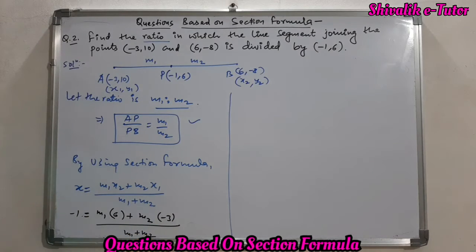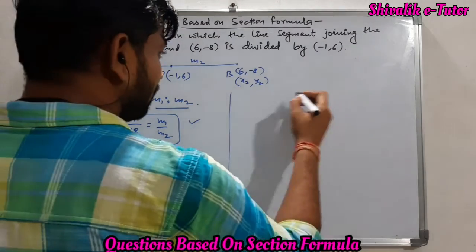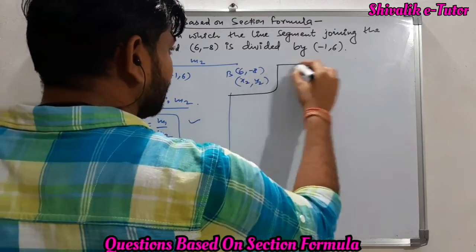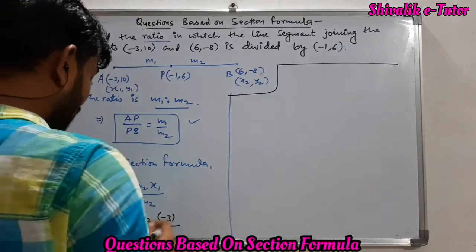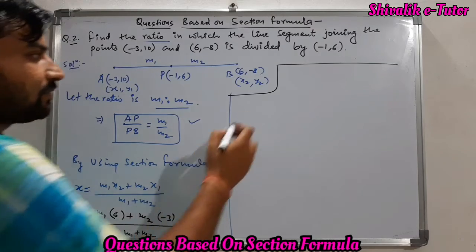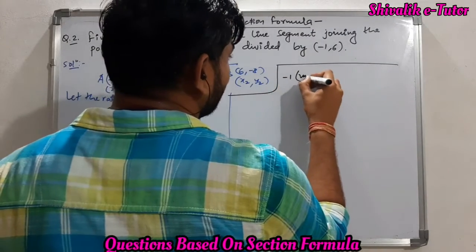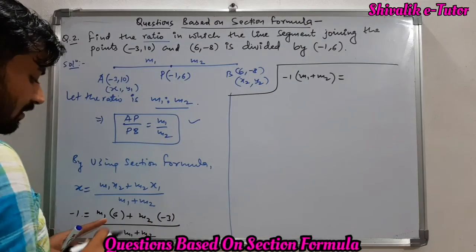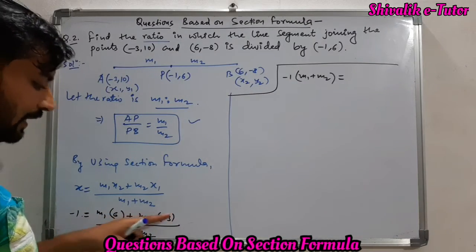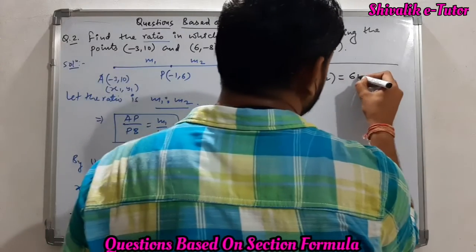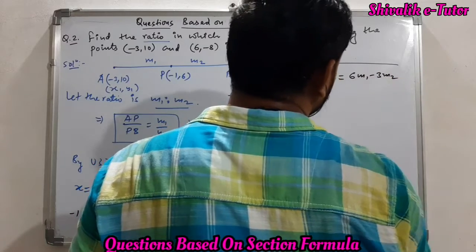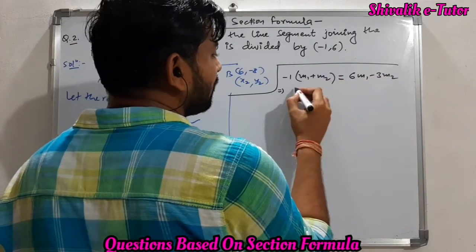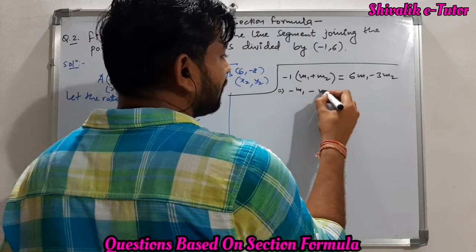upon m1 plus m2. Now when we simplify this, what we are getting here, आप इसको सिंप्लीफाई करेंगे तो हमारे पास -1 मल्टीप्लाइड विद m1 प्लस m2 ऐसा आ जाएगा क्रॉस मल्टीप्लाई करने पर, and in this we are getting 6m1 minus 3m2. So this is 6m1 minus 3m2. Now when we multiply this minus inside, we are getting -m1 minus m2.